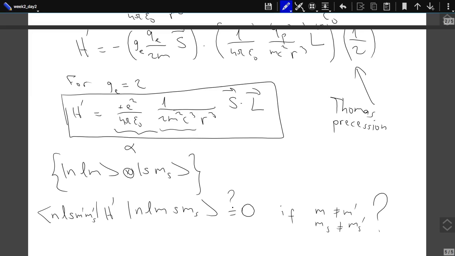So this is the question. I guess S dot L becomes 0 in that case. Do they? I don't know. Okay, you have 5 minutes during the break to try to remember some of your quantum mechanics and angular momentum.